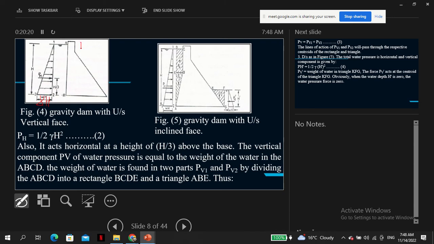So the area of a triangle is just a half times gamma h times h. So you should not see difficulty why that is the case.